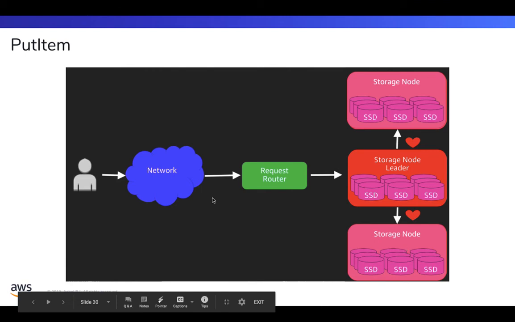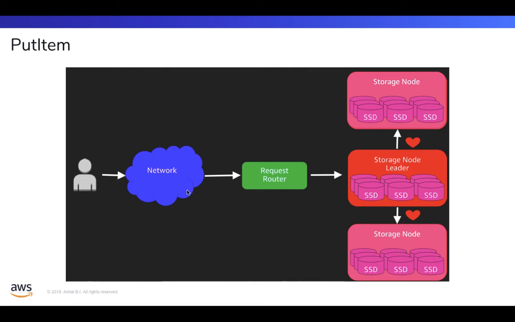So in any case, if the user requests that particular item before the data is written into the third node, and the request router routes to that third node, then there is a chance that the user might get stale data.